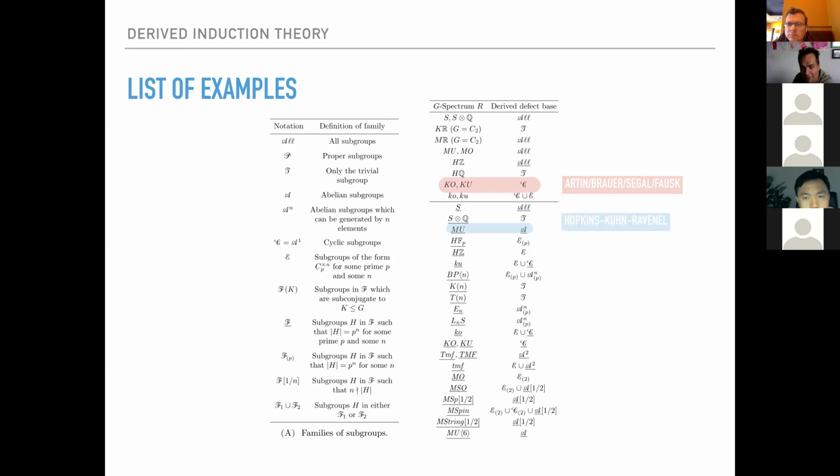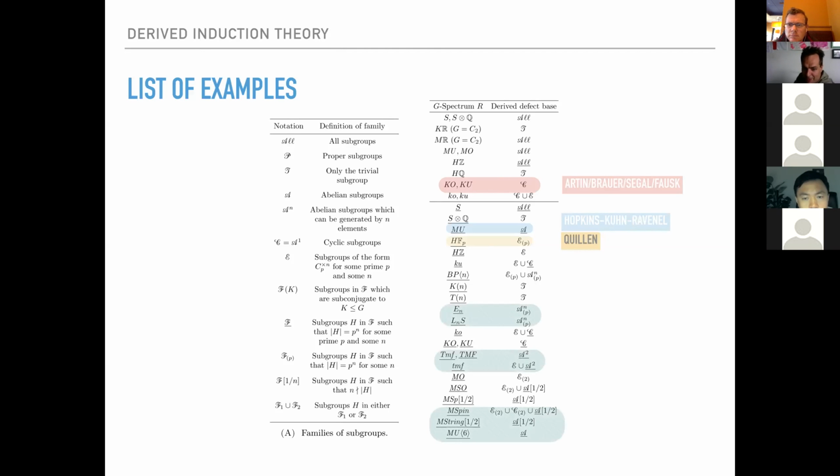And that gives the Artin induction result there as a result of Hopkins, Kuhn, and Ravenel. If we do HF_p Borel equivariant cohomology, it's nilpotent for the elementary abelian p-groups, so finite F_p vector spaces. And we actually recover a classic result, Quillen's F_p isomorphism theorem, or F-isomorphism theorem.